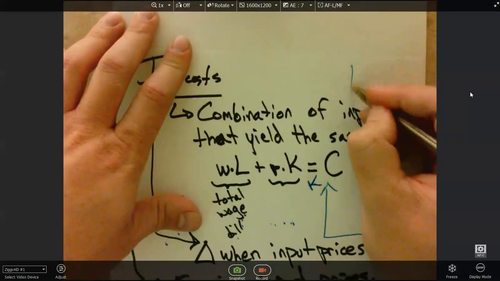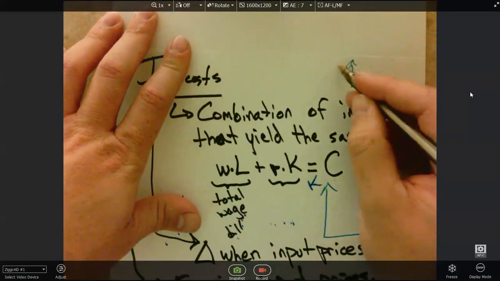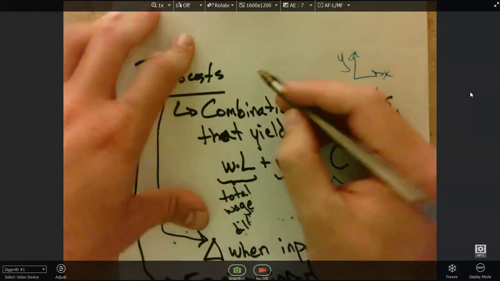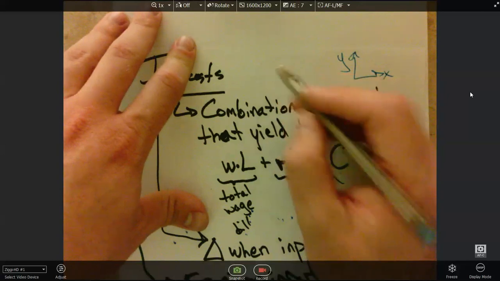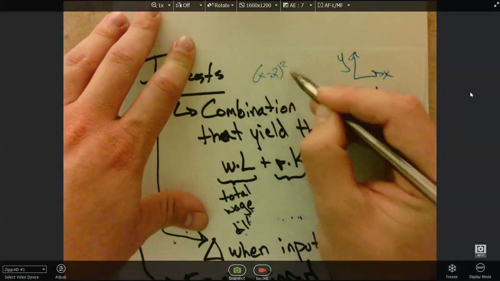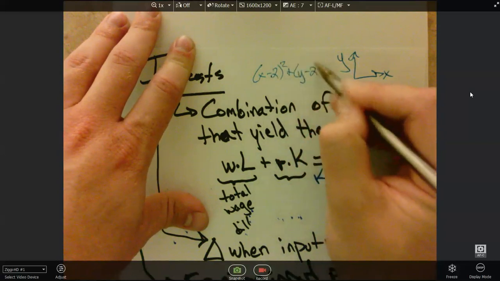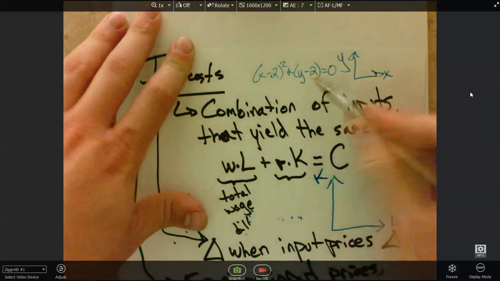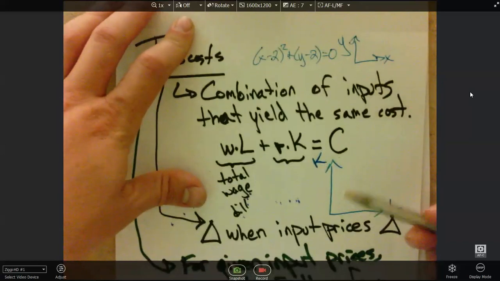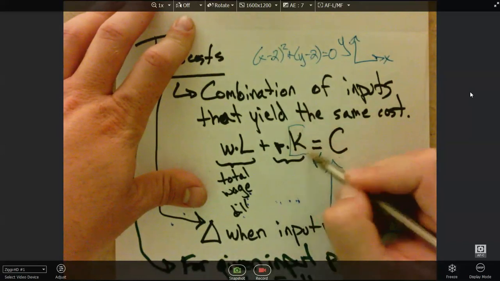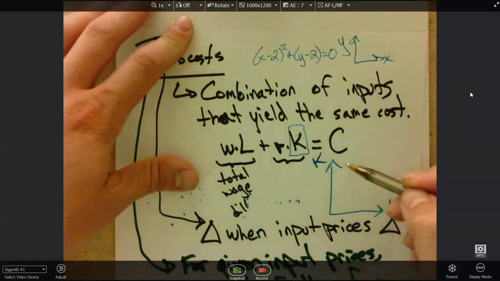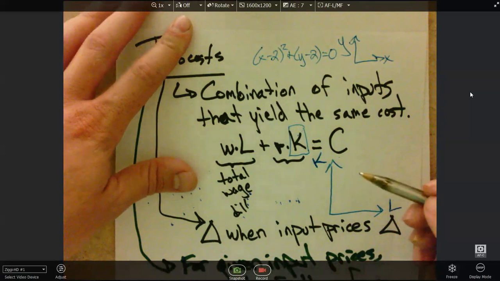Normally we have graphs with x and y, but sometimes we're given something like x minus 2 squared plus y minus 2 equals 0, right? Then we have to solve for y in order to be able to graph it. So it's the same kind of thing going on here. We have to solve for K so that we can graph it on here and put it all together. Does that make sense?